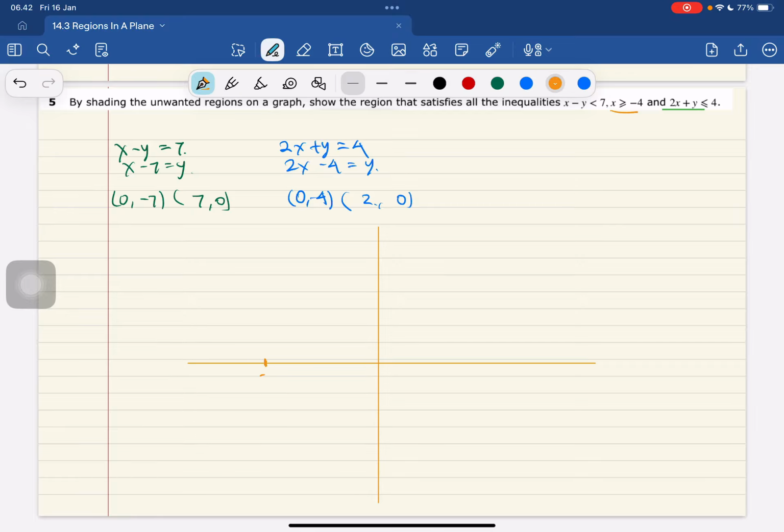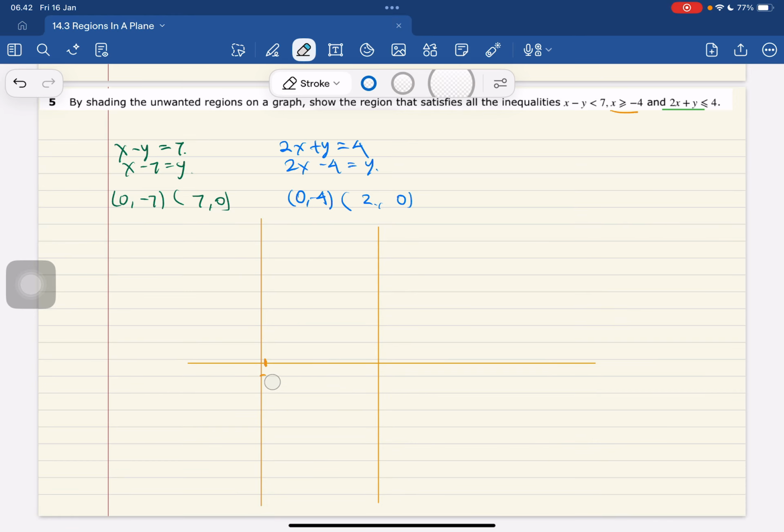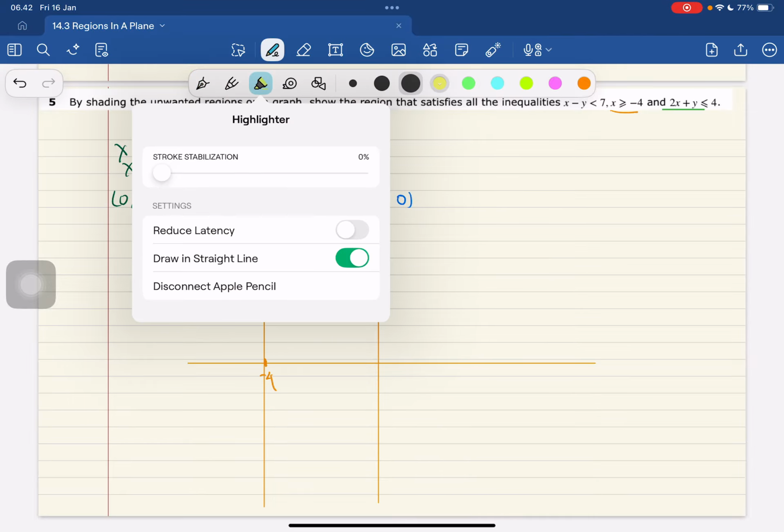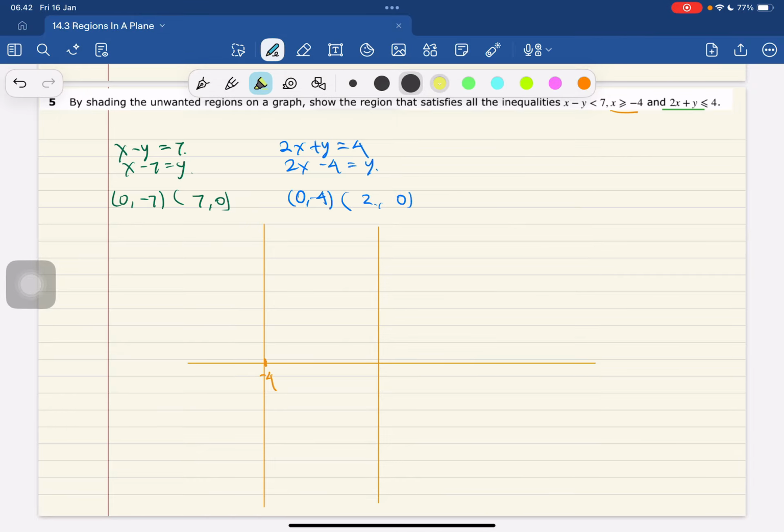Here, minus 4. So we can make it the full line. Okay, minus 4. As this is bigger than minus 4, the unwanted area is going to be less than minus 4, which is the left side. This is the unwanted area.